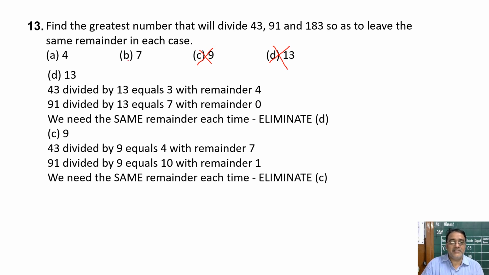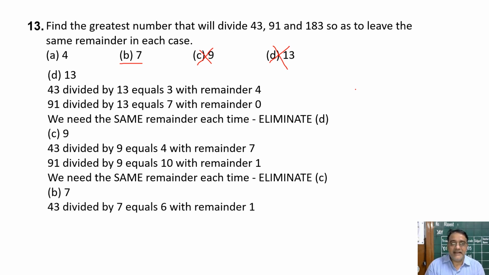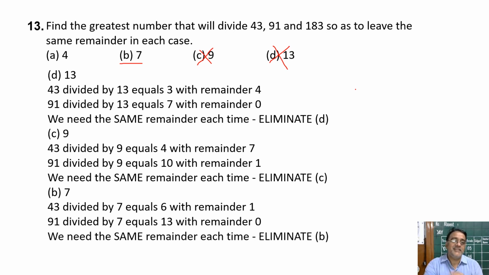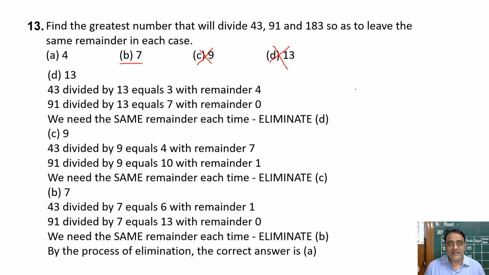Now let us move toward the 7th one. 43 divided by 7, you will get 1 remainder. 7 into 6, 42 hota hai. And if you divide 91 by 7, you will get again remainder 0. Okay? So that means you can eliminate 7 also. So only 1 is left. What is? 4. That is 4. Okay, that is the correct answer.